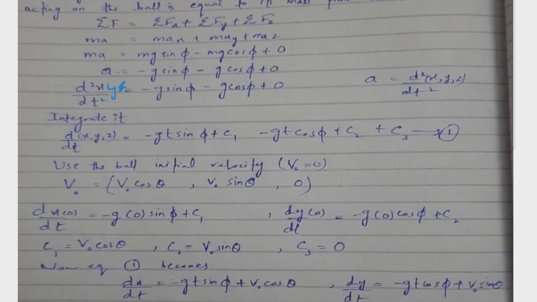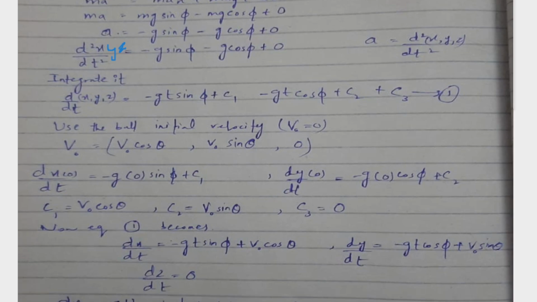Now we have to integrate this equation again. This first-order derivative of x, y, and z, we have to integrate it. After integrating we will get this. Again we integrate with respect to time, so there is t. After integrating, t square over 2.